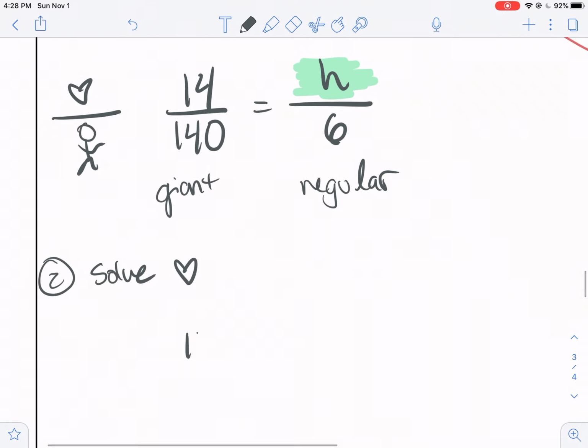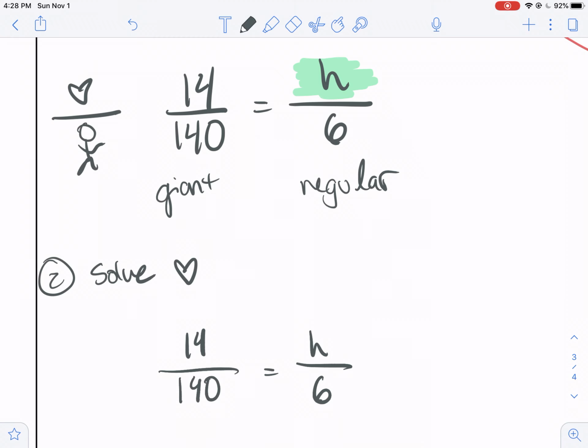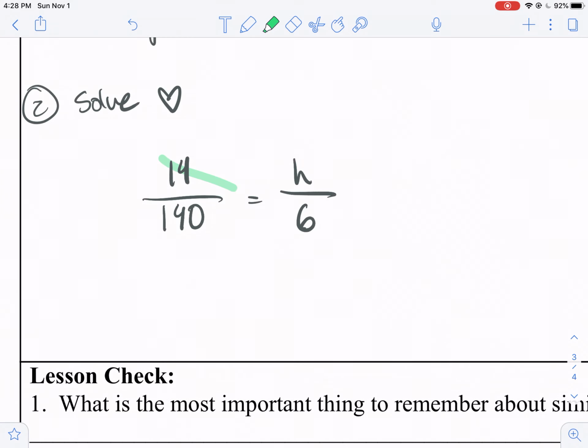So we have 14 over 140 equals H over 6. So we need to cross multiply.